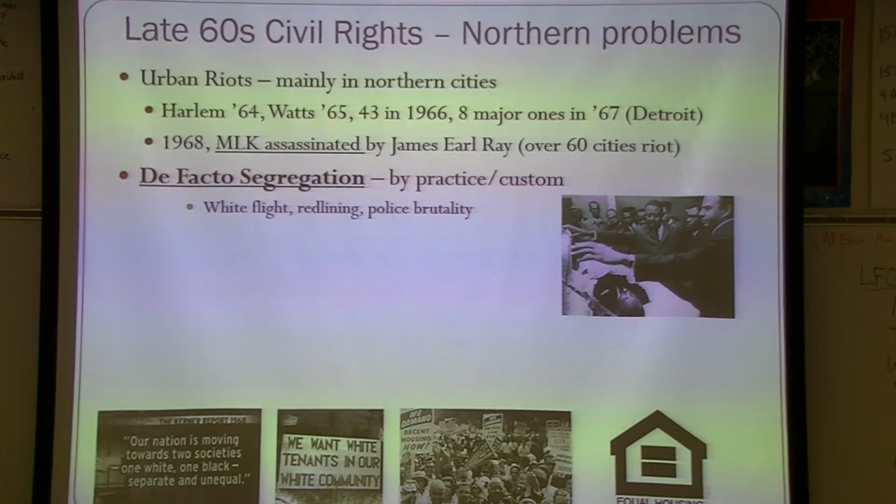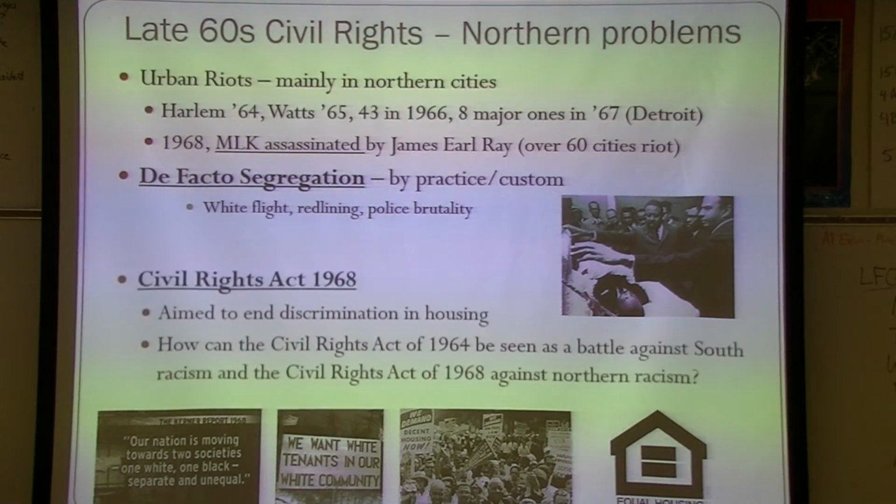So in the 50s and the 60s, as whites moved to the middle class areas of the suburbs, the inner cities had lost their funding and their resources, so they did not have as much. I'm going to go over redlining, which was not by law, but was a systematic way to try to make sure that you did not have the mixing of races in neighborhoods. And police brutality, again, was a major problem at that time.